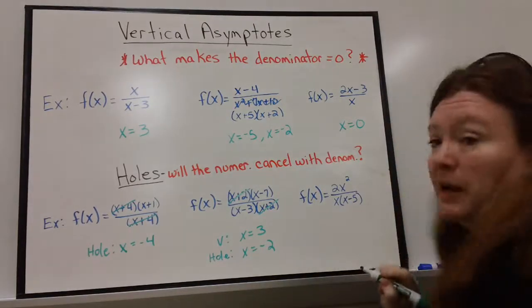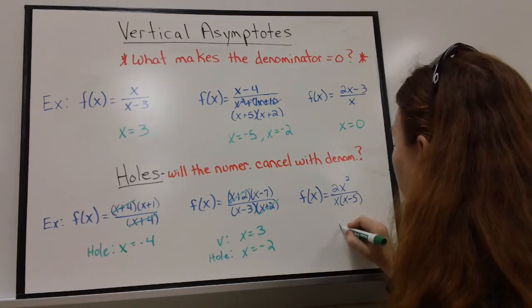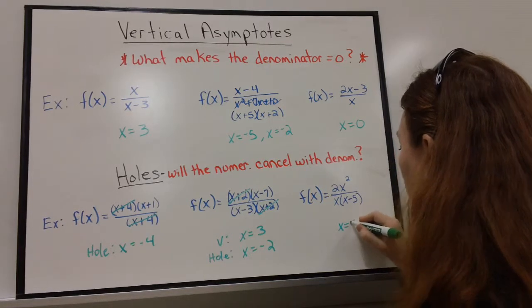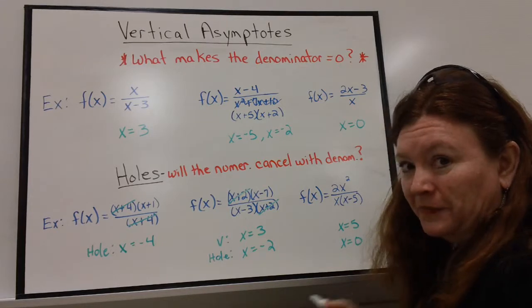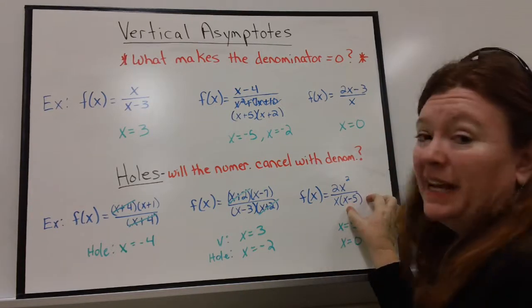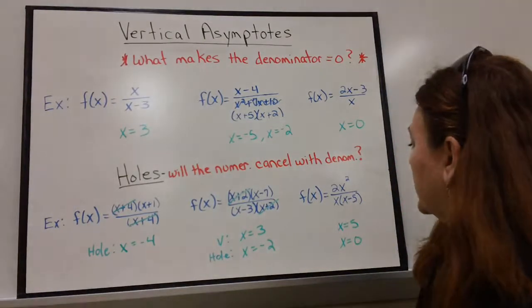All right, let's look at my options here. x times x minus 5. x is not allowed to be 5, and x is not allowed to be 0. 0 times anything would give me 0, and 5 would give me 0 for the second value.